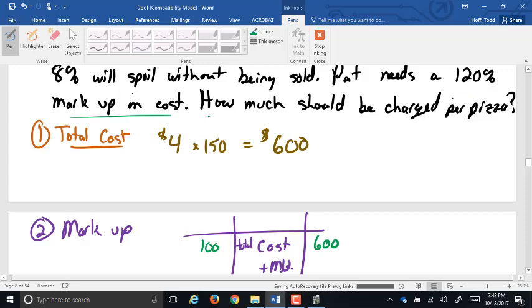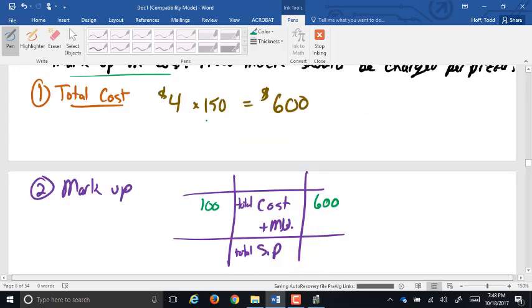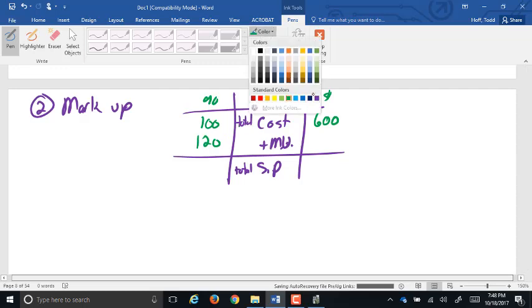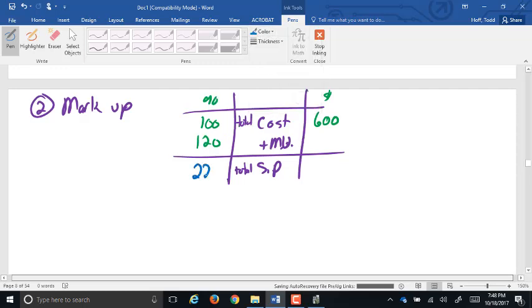So since it's a markup on cost, you notice I've already put the 100 in on the cost percent. The 120 goes in for the markup percent. I can add those up to get 220% is the selling price.